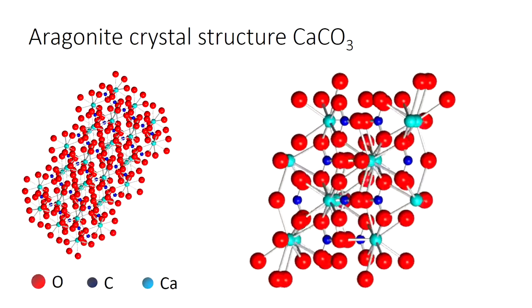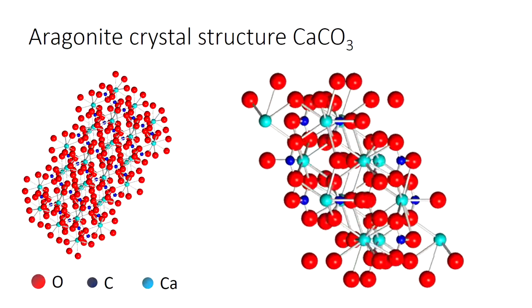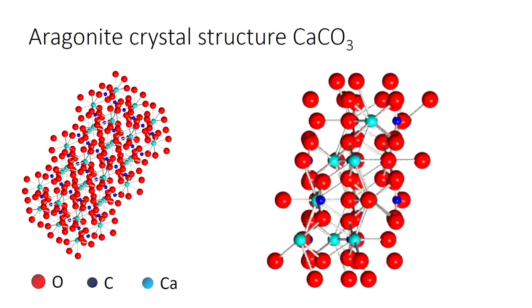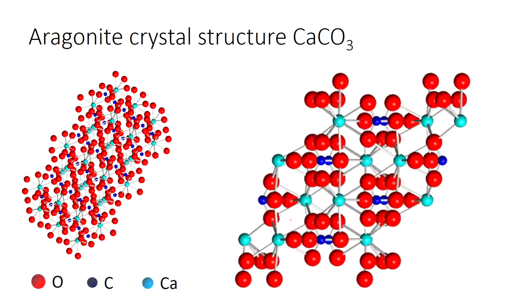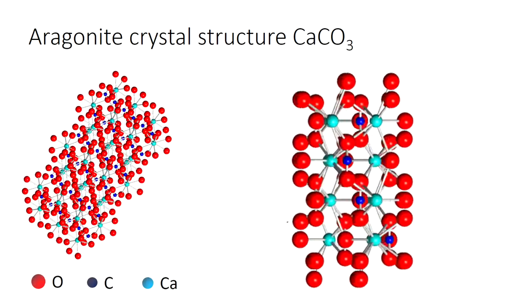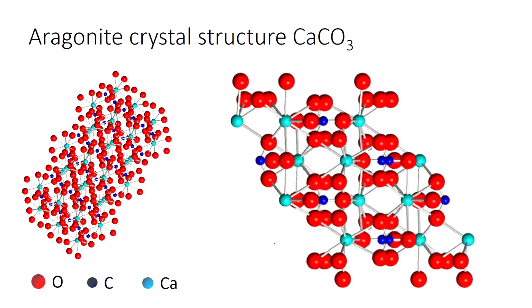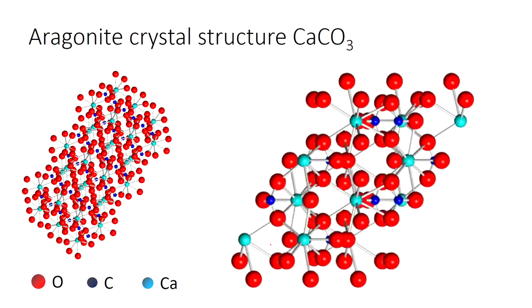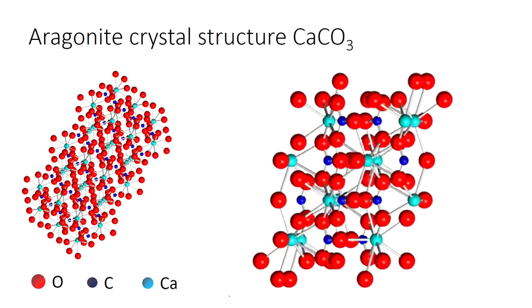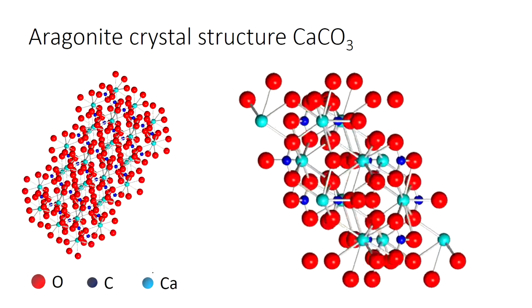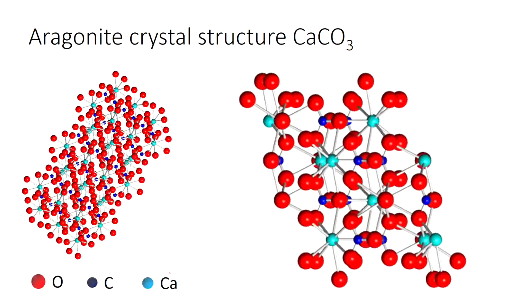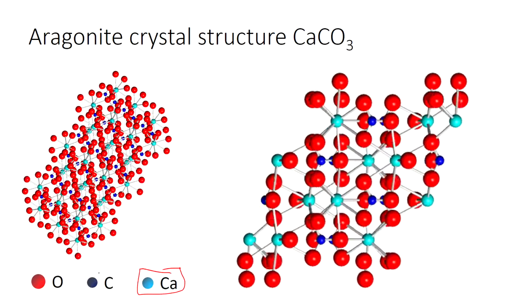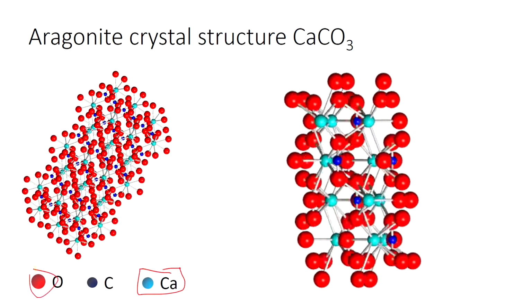This is the actual mineral structure of that aragonite, made up in its purest form of calcium, which is the Ca, carbon, and oxygen. The proxies that we're largely going to look at for the rest of these lectures will be variations in the element calcium, since sometimes different elements can substitute in for this calcium here, and different isotopes of carbon and oxygen can substitute in for these.